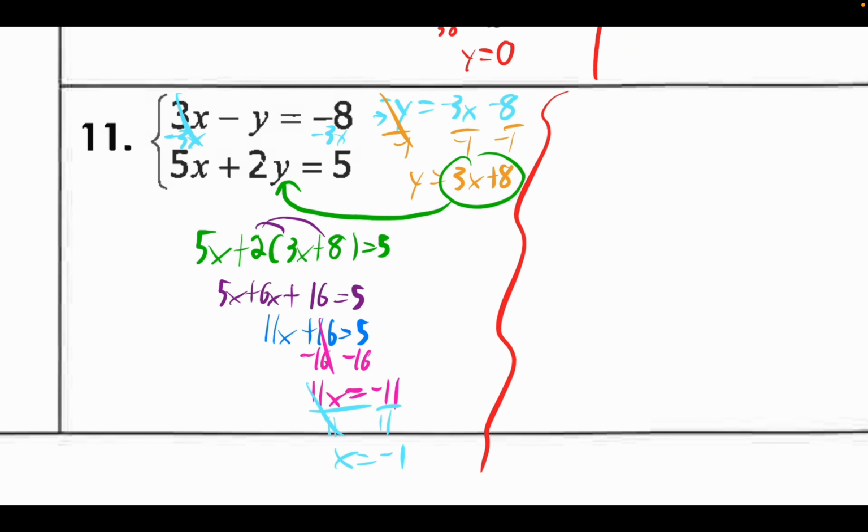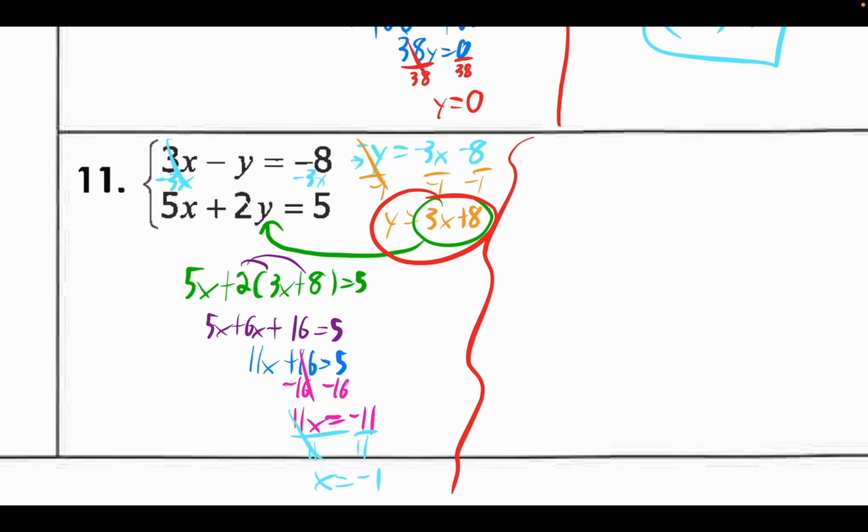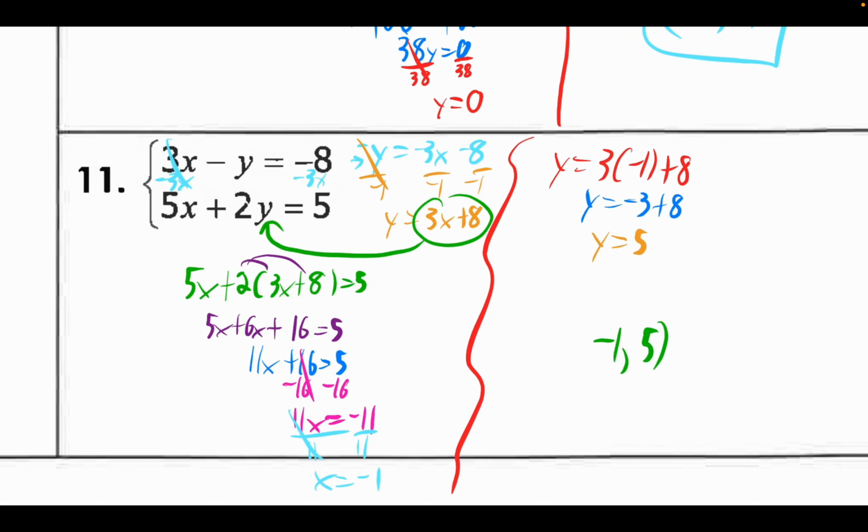I plug that into any equation, so I'll choose this newest one, take my life a little bit easier, and get y equals 3 times negative 1 plus 8. 3 times negative 1 is negative 3. And if I add 8 to that, we will get 5. Give me the ordered pair negative 1 comma 5.